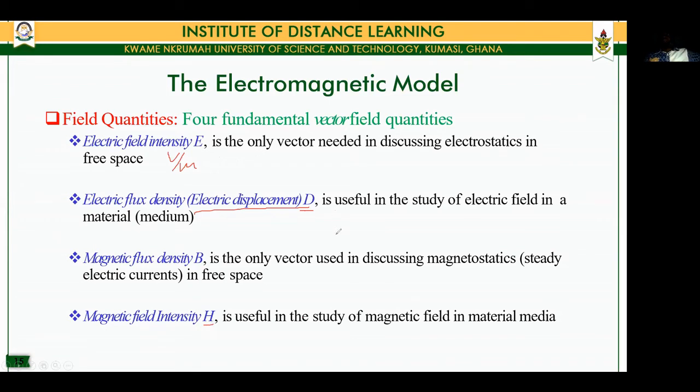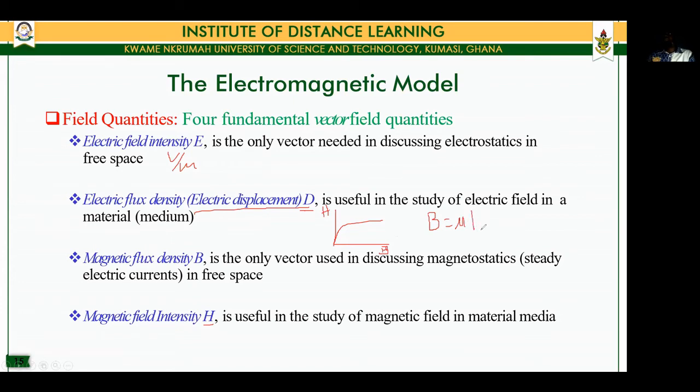If I may refresh your mind, in applied electricity, you learned about what? The BH curve, which relates the magnetic flux density to the magnetic field intensity. And the relationship between the magnetic flux density and the magnetic field intensity was what?